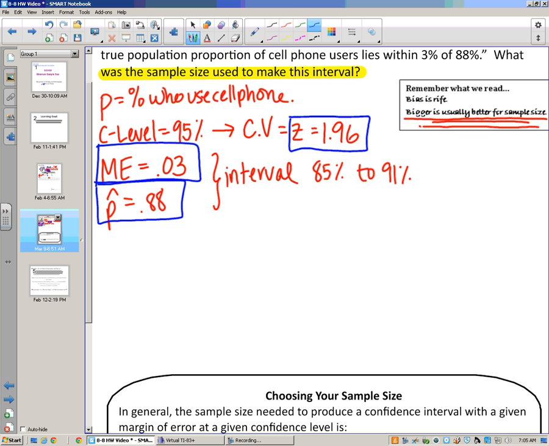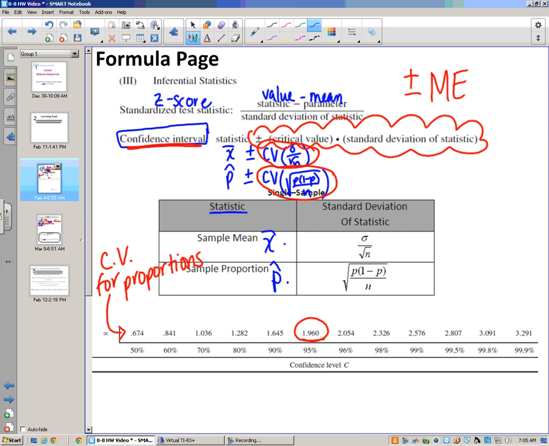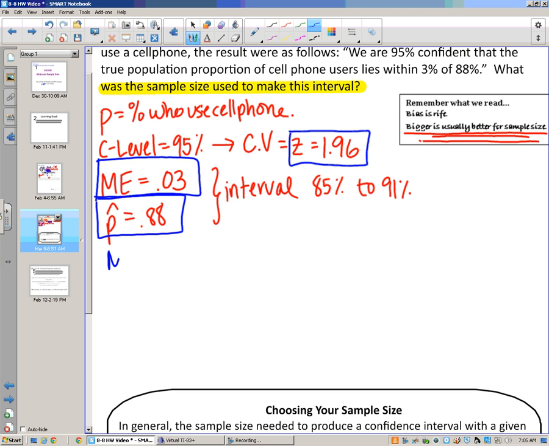The only thing linking them is our margin of error formula for proportions. Margin of error for proportions is your critical value times the square root of p times 1 minus p over n. We are going to try to solve for n.